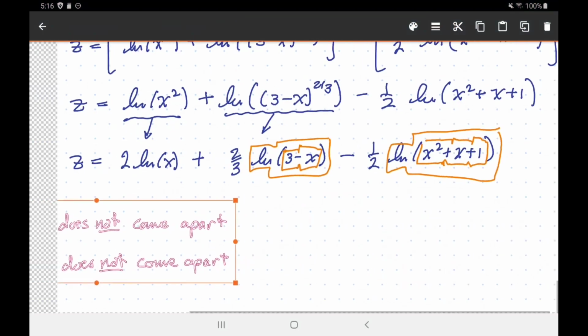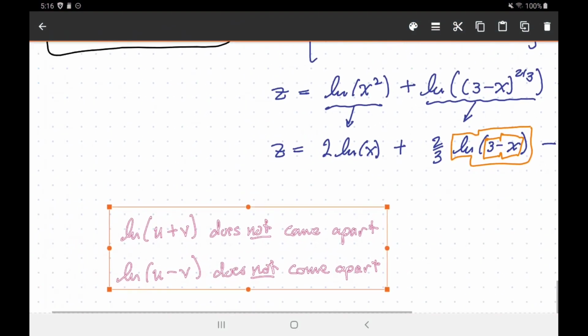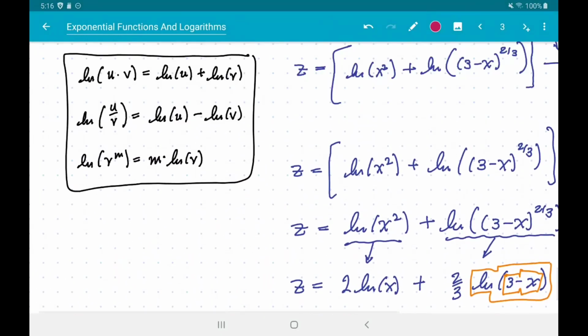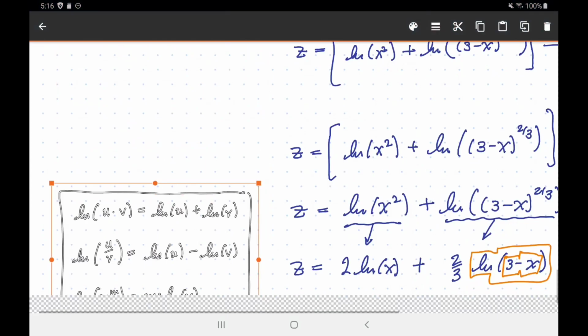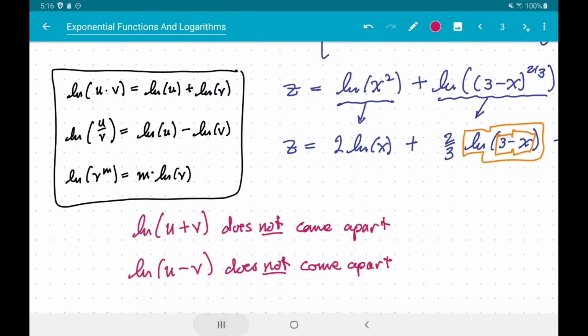Just for comparison, let's go back over here and look at the equations that do let us take things apart. Ln applied to multiplication, that is something that you can take apart, and there's addition in the result. Ln of division comes apart, and there's subtraction in the result. Ln of an exponent comes apart, and there's multiplication in the result.